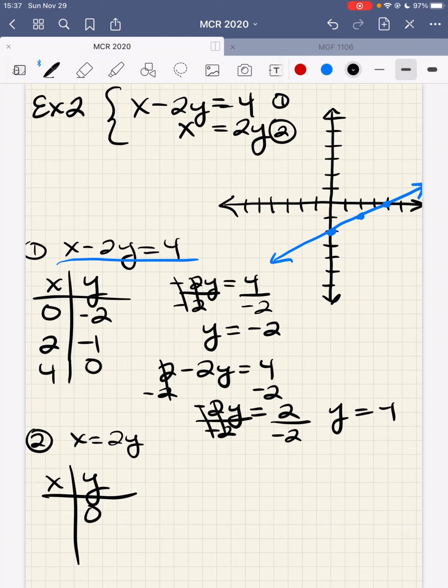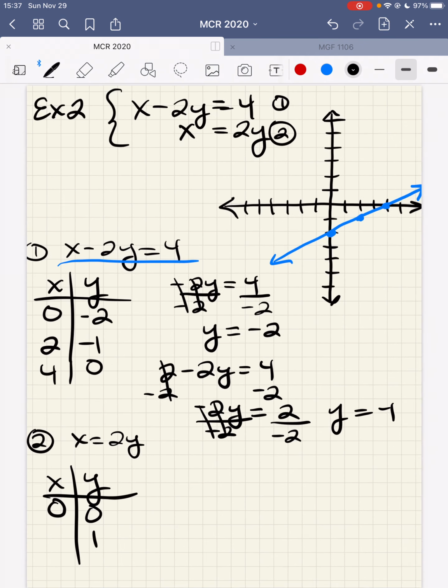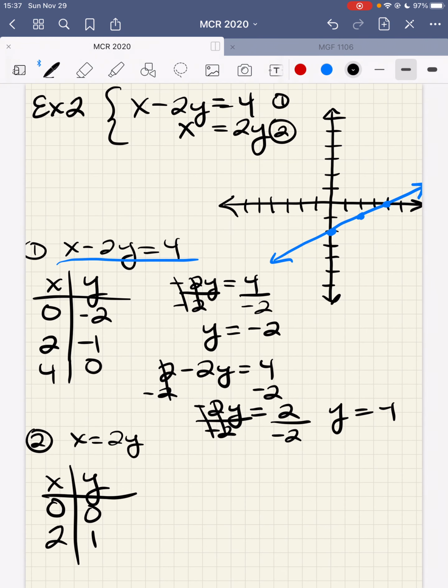If I make y 0, 2 times 0 is 0, which means x is 0. If I make y 1, 2 times 1 is 2, so x is 2. I could go as far as negative 1, which would give me negative 2. This one was really easy to do.